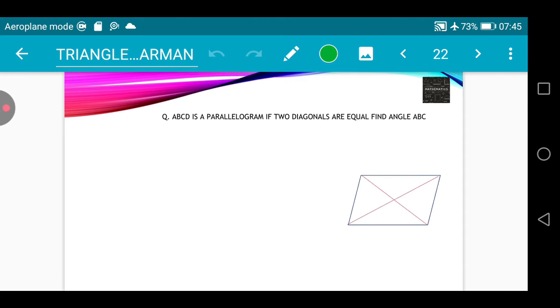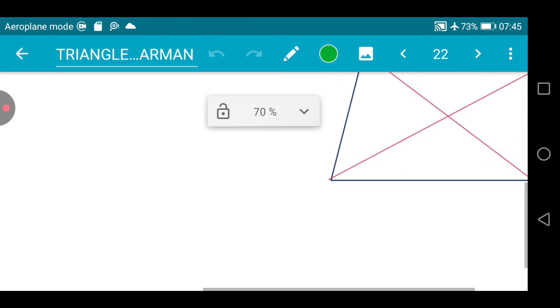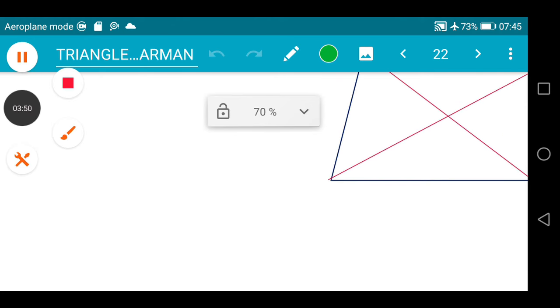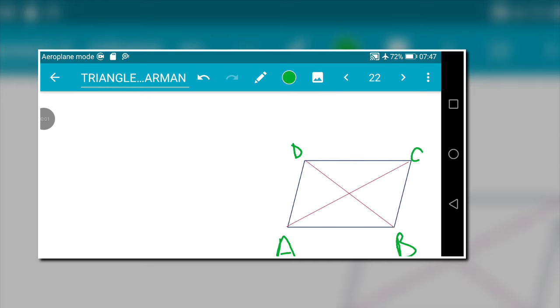Now next, this is the question that usually comes. ABCD is a parallelogram. If two diagonals are equal, find angle ABC. I am making the figure here. ABCD is a parallelogram and AC equals BD. If ABCD is a parallelogram, then in a parallelogram opposite sides are equal.